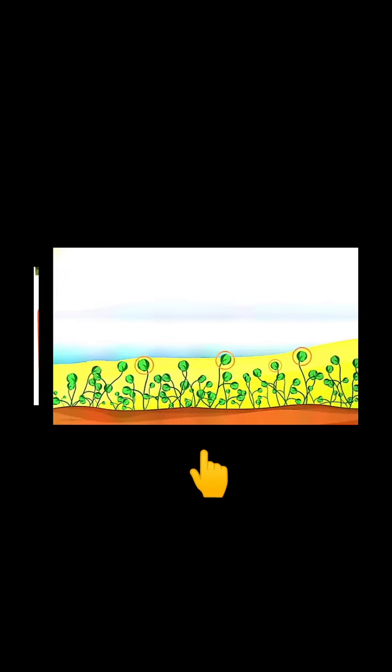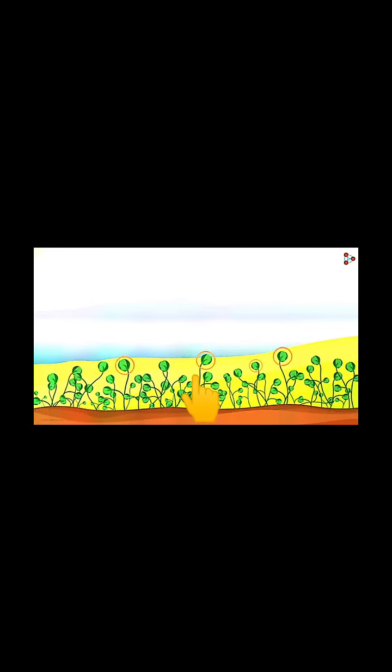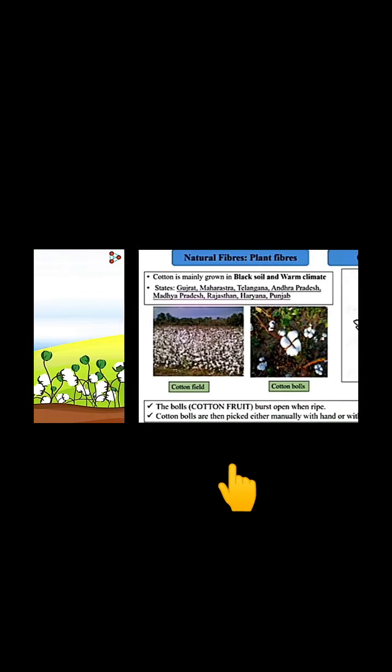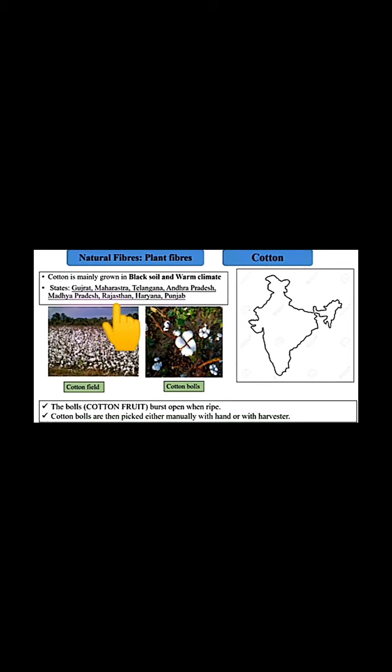As the cotton plants bear these fruits, they are called cotton bolls. When they fully mature, they burst open and snow white cotton fibers are exposed. Mexico, Sudan, India, China, Brazil, all are very popular for the growth and production of cotton.